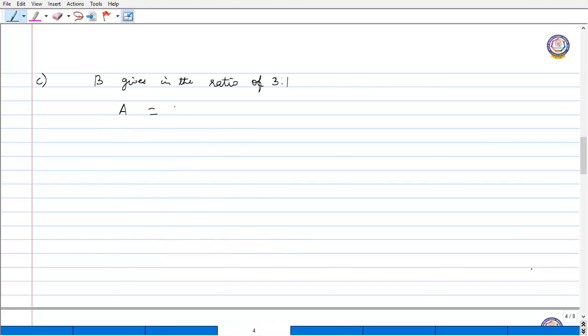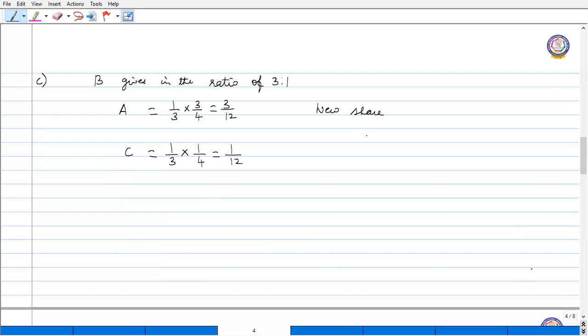Out of 1/3, which is B's share, A should get 3/4. So 3/12 is the gain of A. And C, out of 1/3, which is B's share, C should get 1/4. So 1/12.